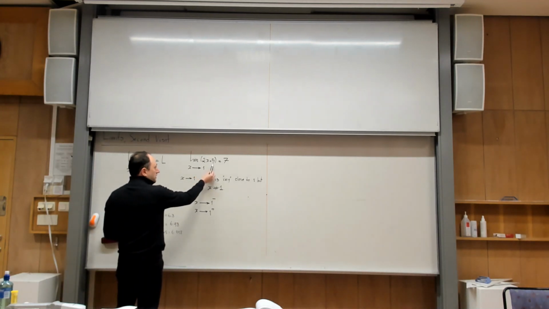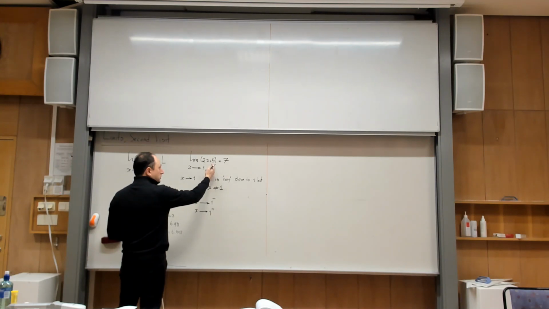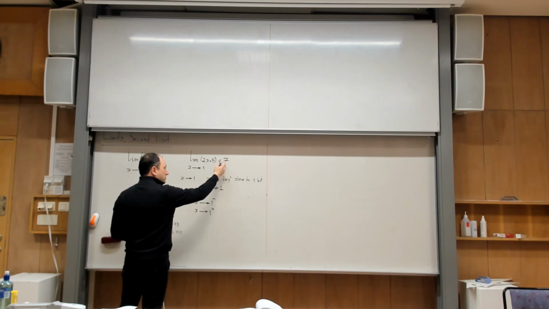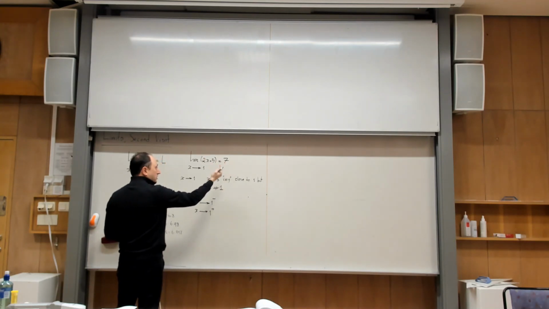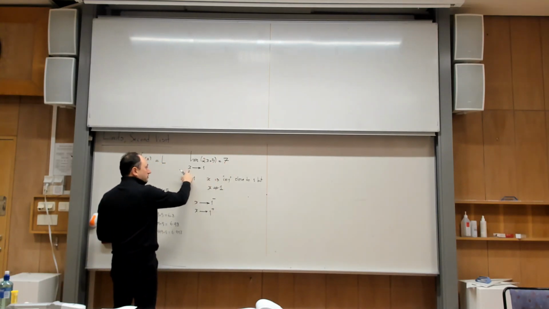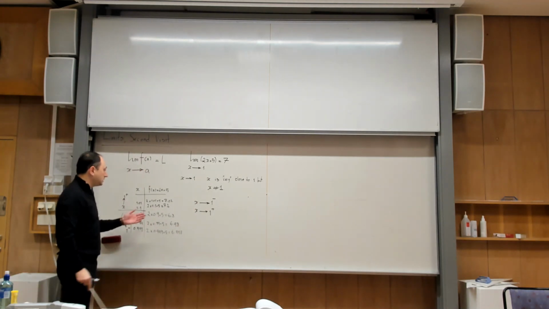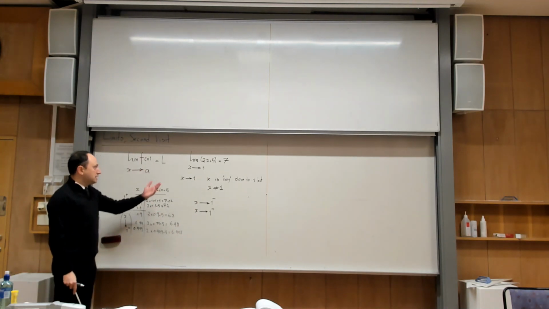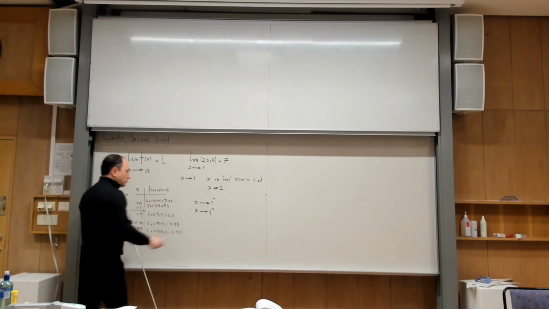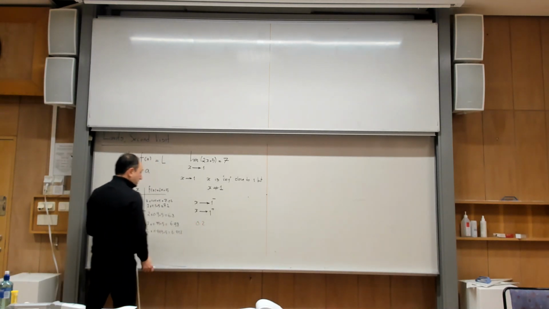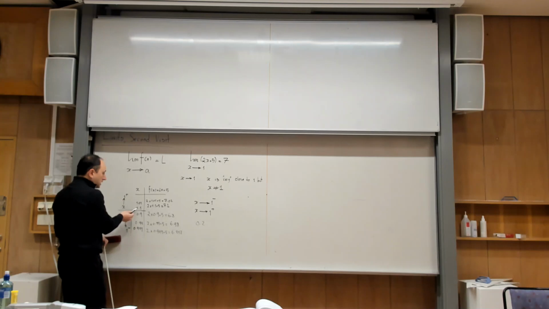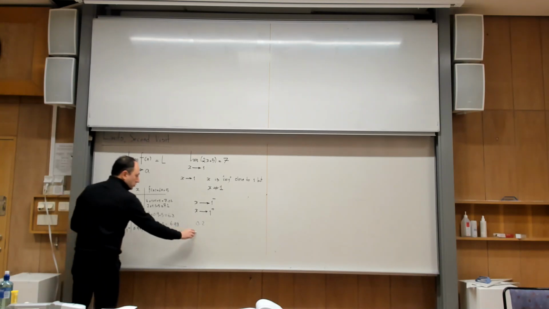If you want to understand it quite well, this is the way. This number can be made arbitrarily close to 7 under this condition that I make myself close enough to 1. If I want to be a distance 0.2 from 7, I need to keep my distance from 1 by 0.1 or less.